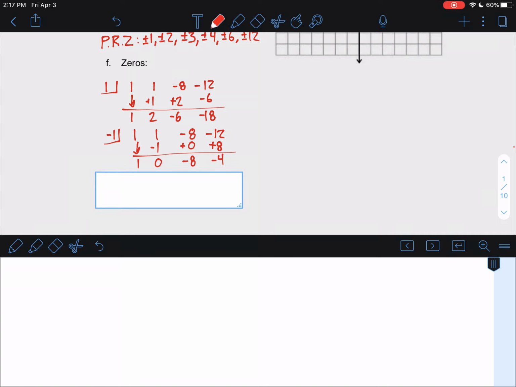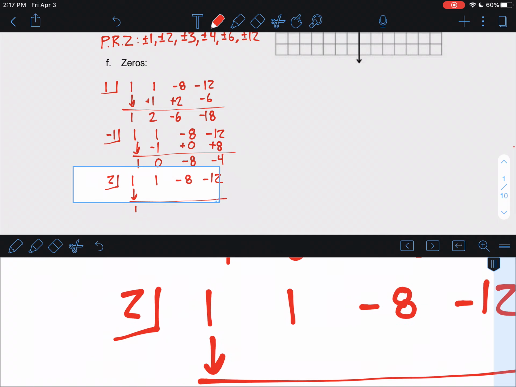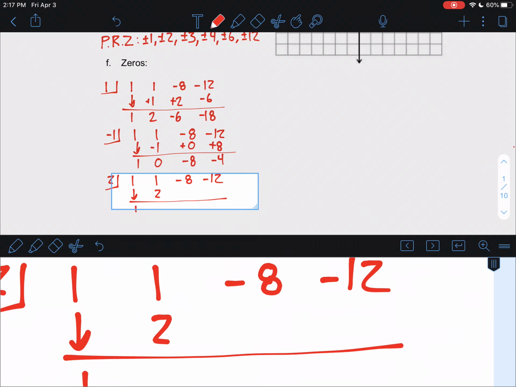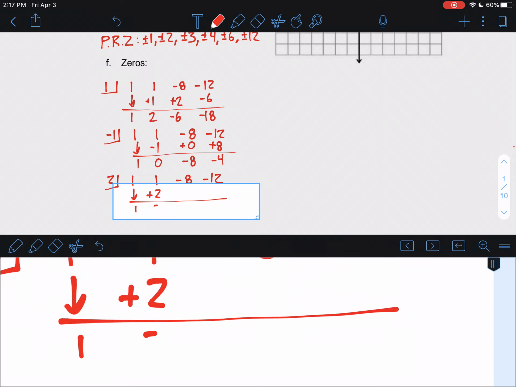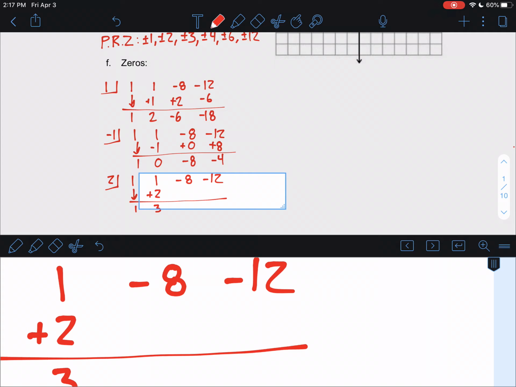Next number I will be testing will be positive 2. So I got my 2, and I got 1, 1, negative 8, negative 12. Bring down the 1. Okay, so I got 2 times 1 is 2. 1 plus 2 is 3. 2 times 3 is 6.